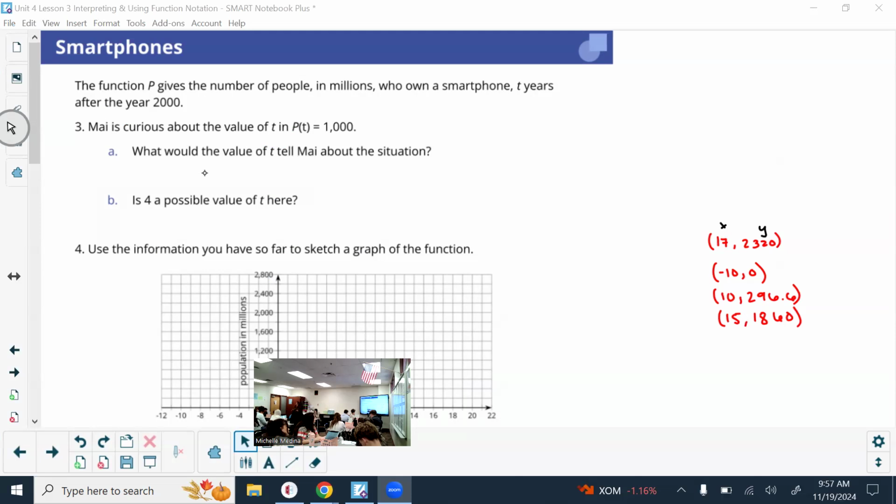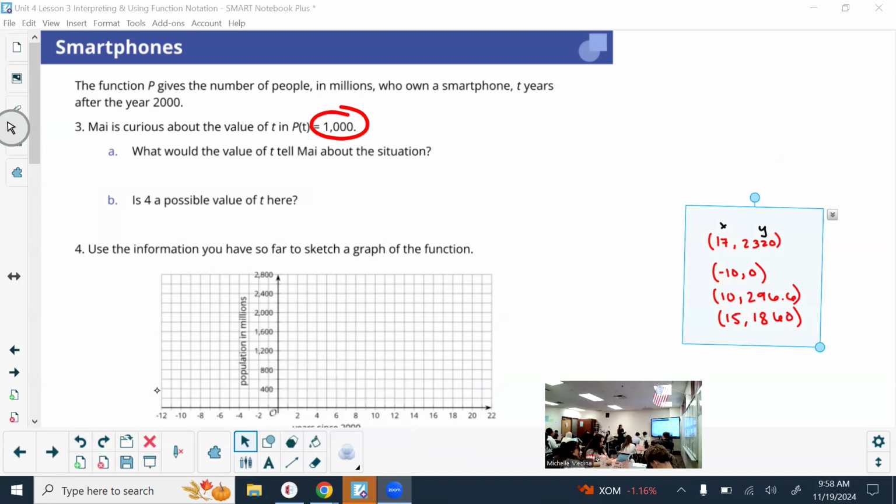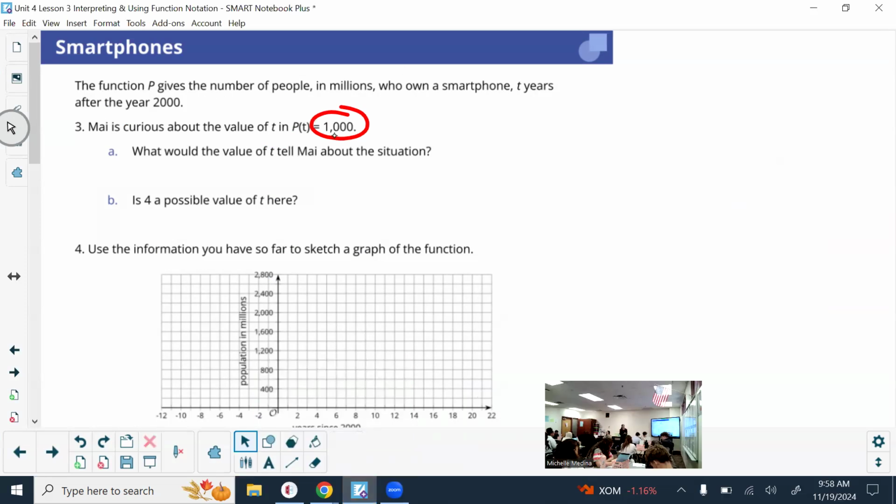So that 1,000, is that an input or an output? It's an output. And I know that it is because it's not in the parentheses. It's that easy. I know it's a Y value because it's not in the parentheses.